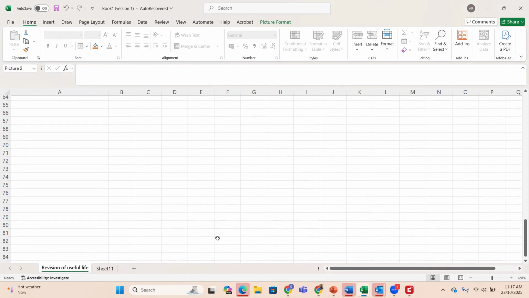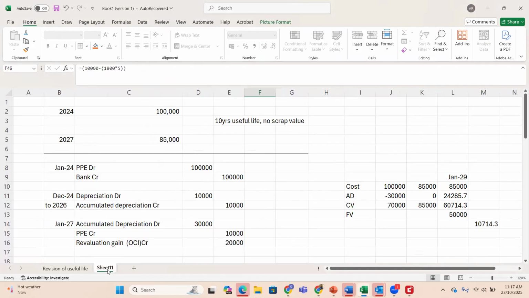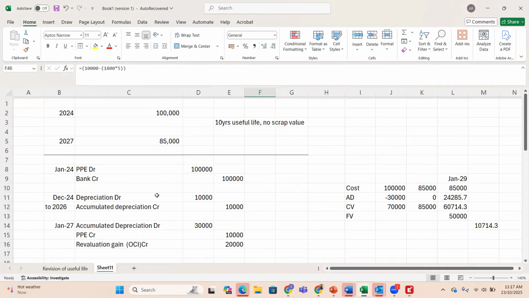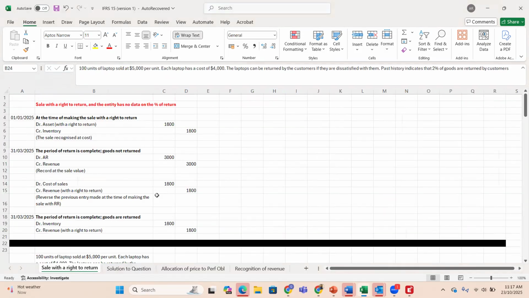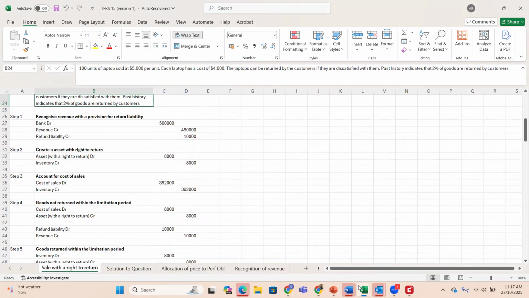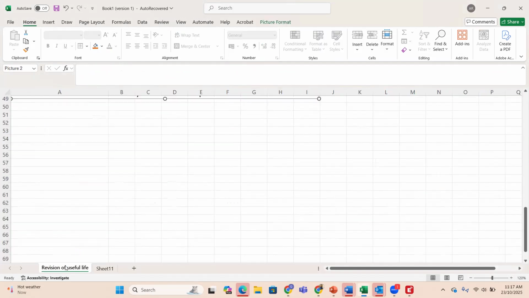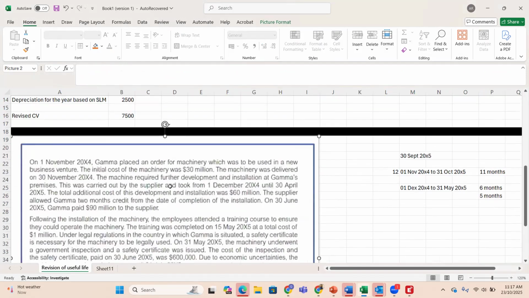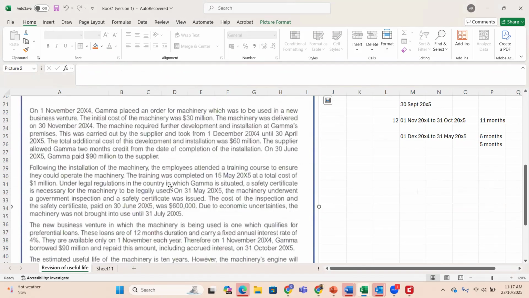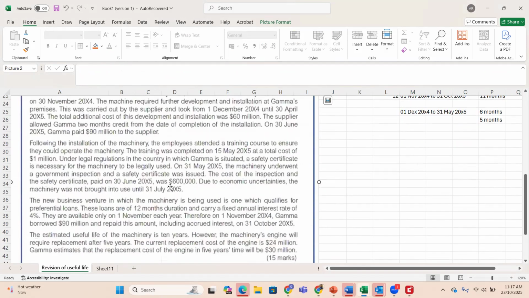This answer I did actually, but I can't find it now. Good that I at least had the question, but you will find this in the revision guide. This is all taken from the revision.